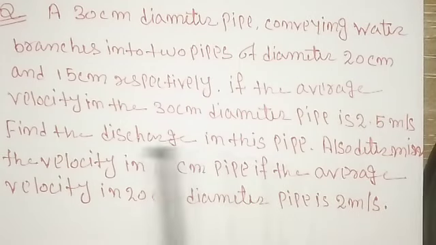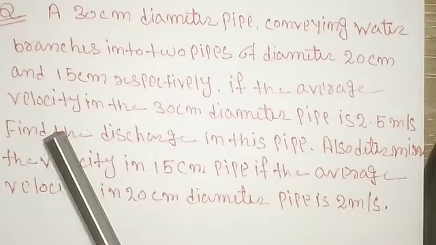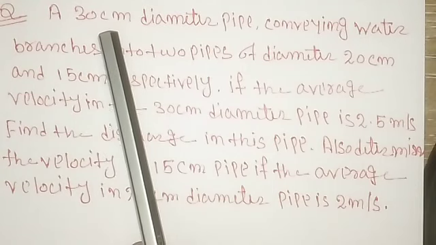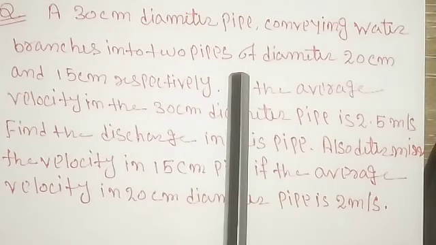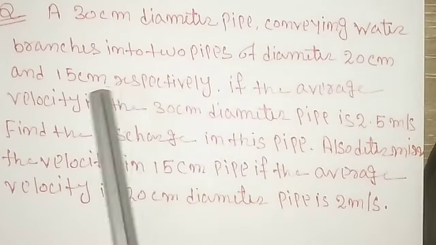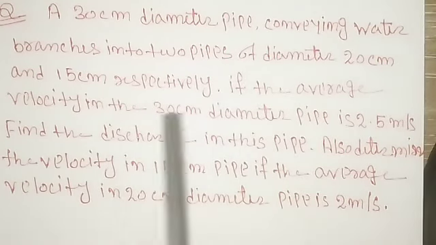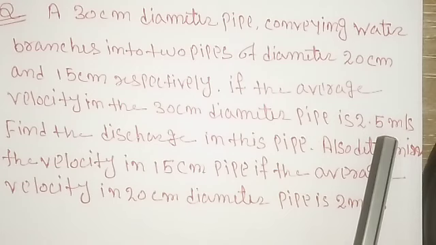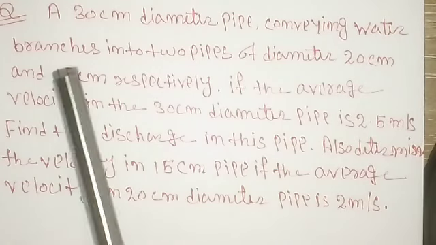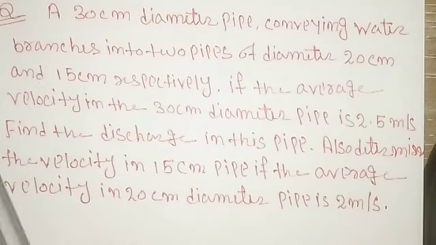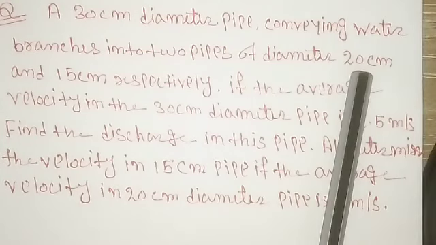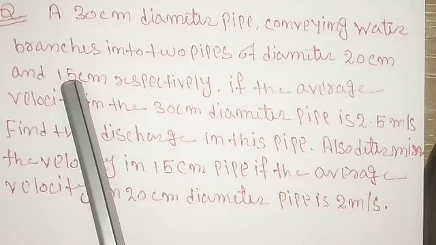So what we have is one pipe whose diameter is 30 centimeter, through which the water is flowing with a velocity of 2.5 meter per second, and this 30 centimeter pipe splits into two branches, one of diameter 20 centimeter and another of diameter 15 centimeter.